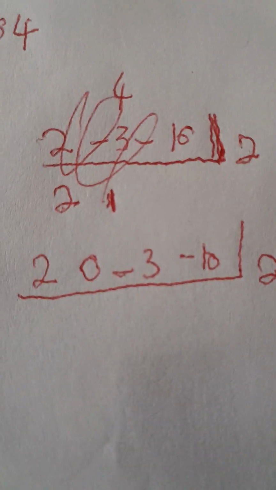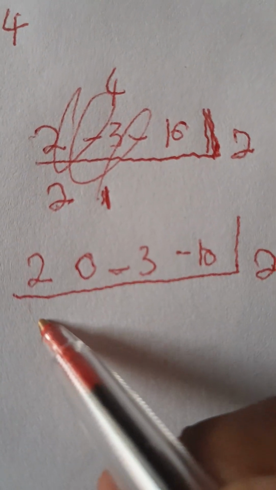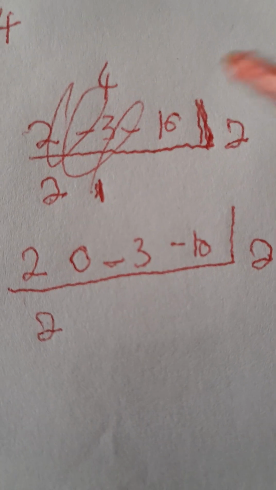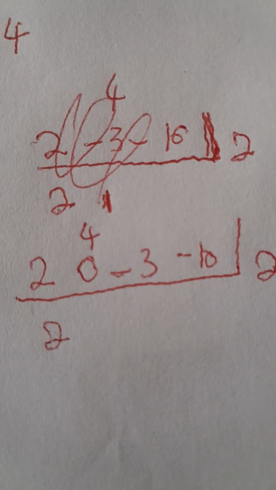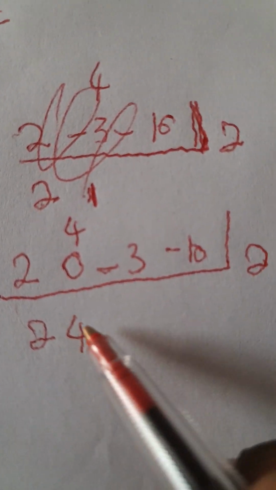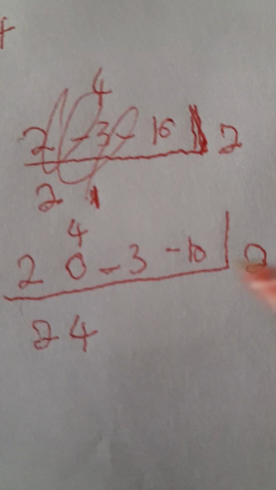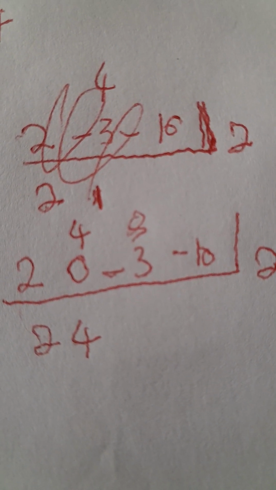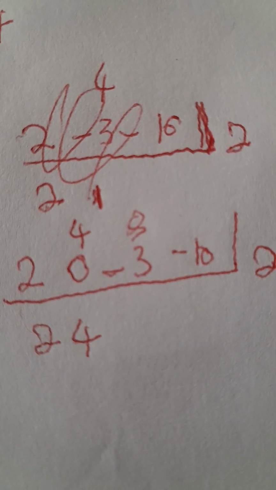So using synthetic division, drop 2 here. Then 2 times the factor will give you 4. So 4 plus 0, that will be 4. As well as 4 times 2, that will be 8. And 8 plus negative 3 will give you 5, right?